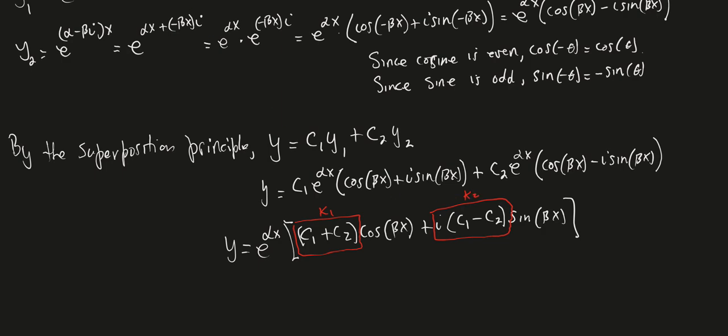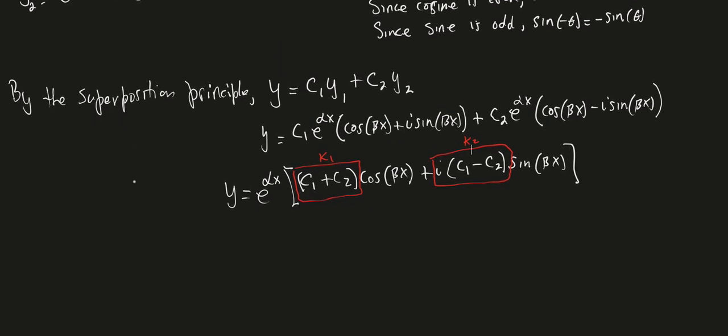So what do I end up with? I end up with my general solution, which is e to the alpha x times some constant times my cosine function plus another constant times my sine function.